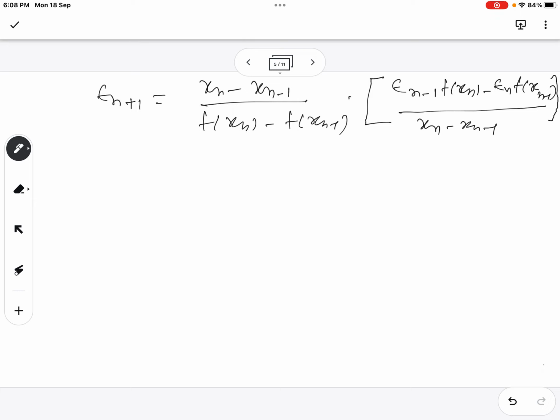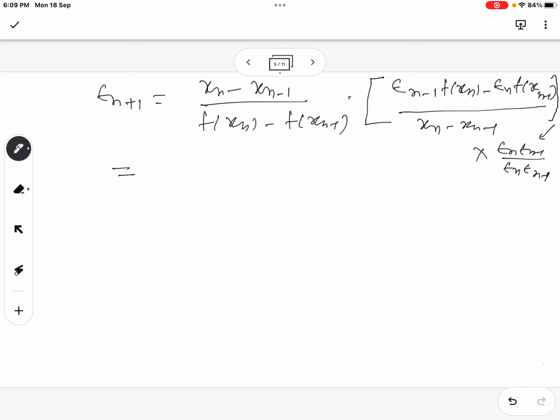Now let me multiply and divide the numerator by this factor.